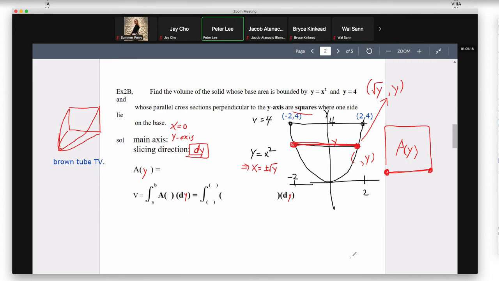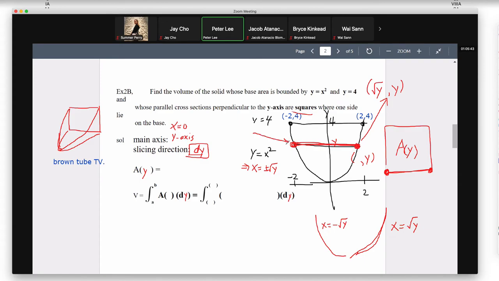Why? Because this part of the curve is x equals square root of y, and this part of the curve is x equals minus square root of y, because in this case the x value is negative. So this point is square root of y, comma y. What is this point right here?